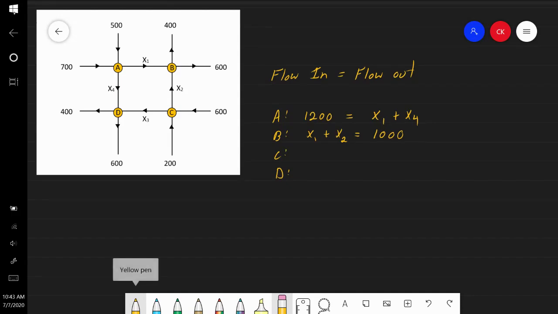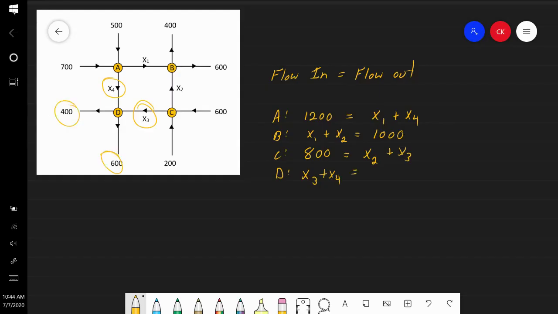For intersection C, we've got 200 and 600, so 800 cars coming in. And we've got two streets to exit on, X2 and X3, so X2 plus X3. And finally, if we look at intersection D, we've got X4 and X3 coming in, and we've got 400 and 600 cars coming out, so 1,000 cars exiting from that particular intersection.